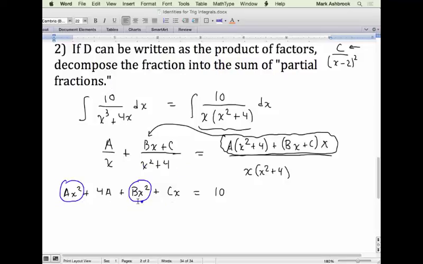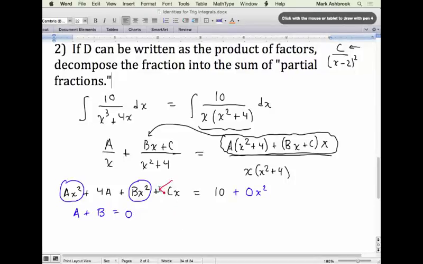All right, so then how many x squareds do we have over here? 0. Therefore, A plus B equals 0. Quadratic in blue. Okay, linear in red. Where's my linear? How many x's do I have? 0. So therefore, just C equals 0.